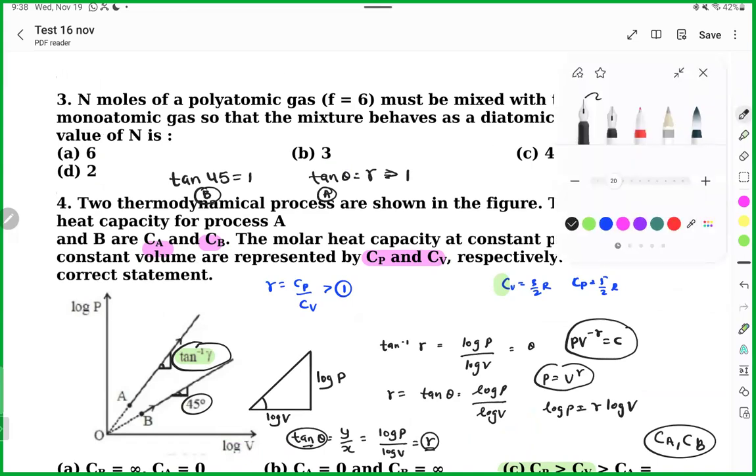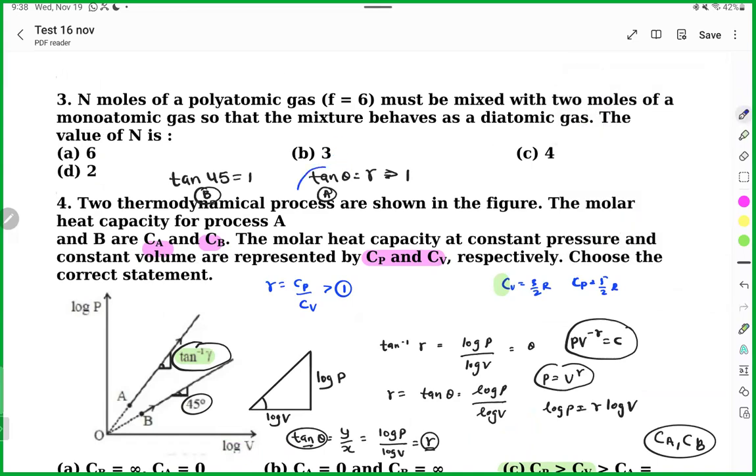Yes or no, guys? Yes, sir. Gamma value is always greater than 1. One concept. And second, in case of B, tan 45 will be 1. Tell me which value will be more, tan 45 or tan theta, which is equal to gamma? Where will you have more angle?